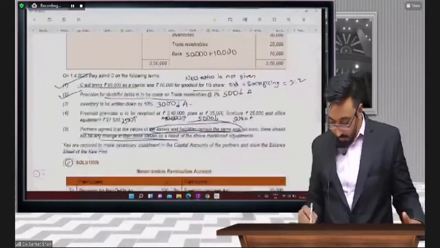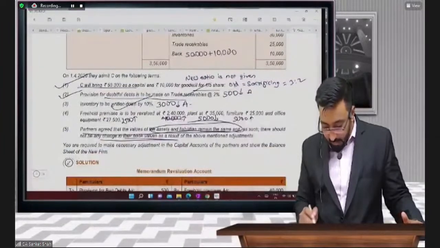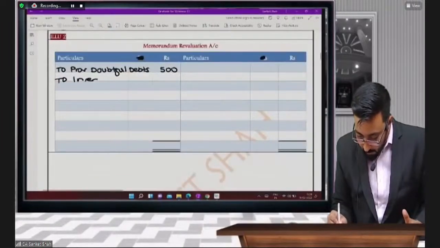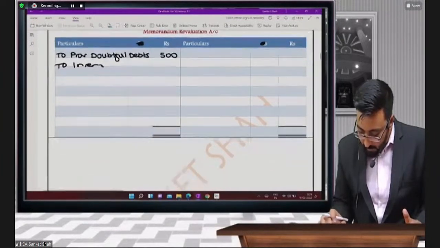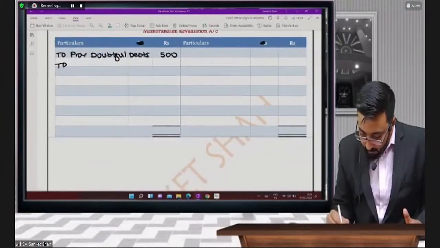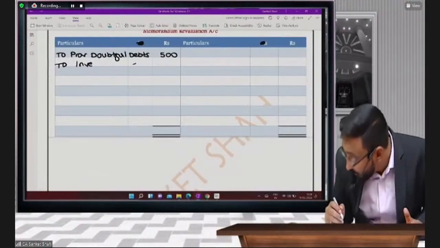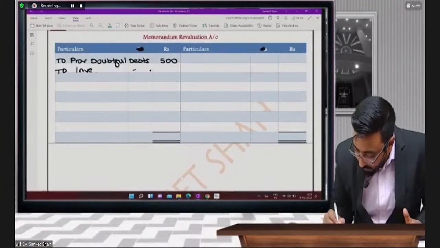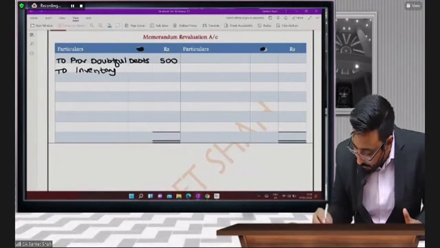Second one, inventory down. So to inventory 3,000.